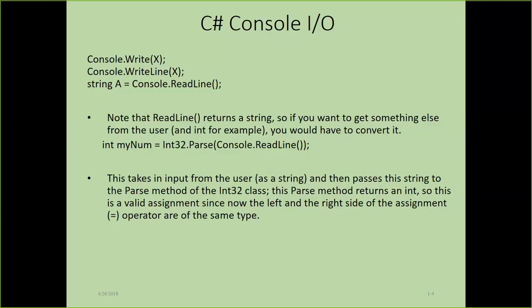There is a difference between Java and C# naming convention. In Java, all methods start with a lowercase letter, or camel case, but in C#, methods start with an uppercase letter. So this is ReadLine.